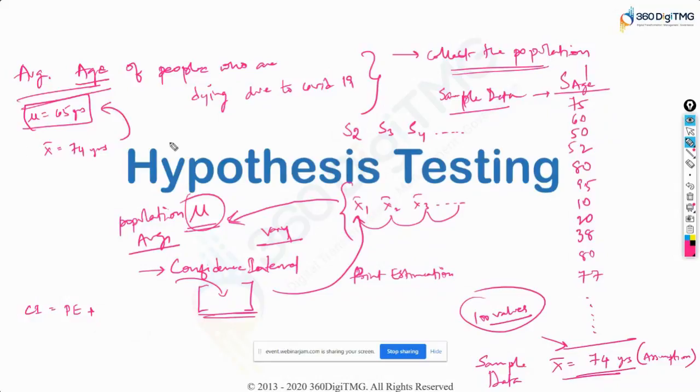That means there is a deviation here, right? That deviation can be explained as x bar minus mu. Right? This becomes your value that you are trying to check the deviation with the population value. So you're basically saying 74 minus 65. So I'm getting 9.